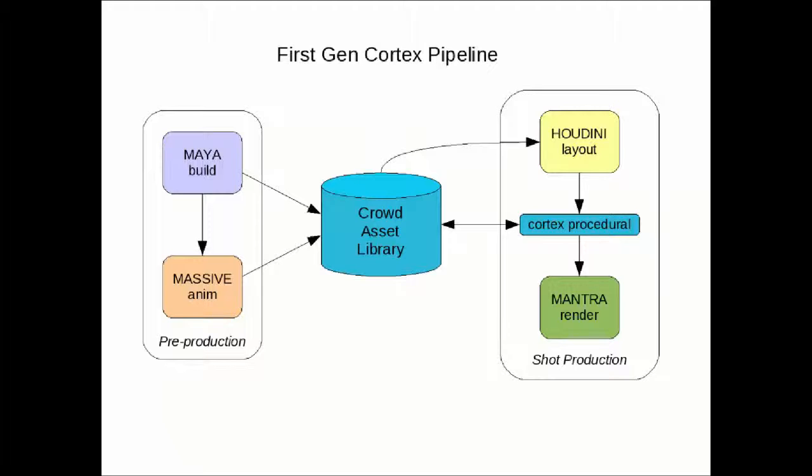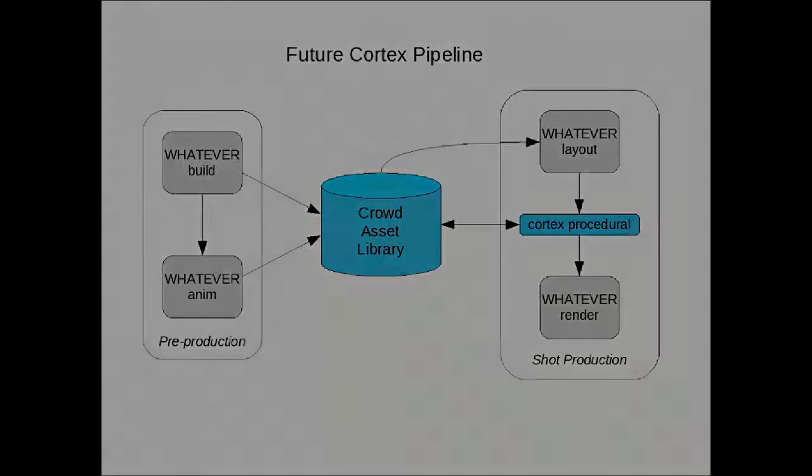And the thing that's really exciting to me about that is that once we have that up and running, we can replace any part of the pipeline with whatever software we think is most suitable. We can do our modeling, our animation, our behavioral simulation, our layout and rendering in absolutely any platform. So there's a vision of the future.